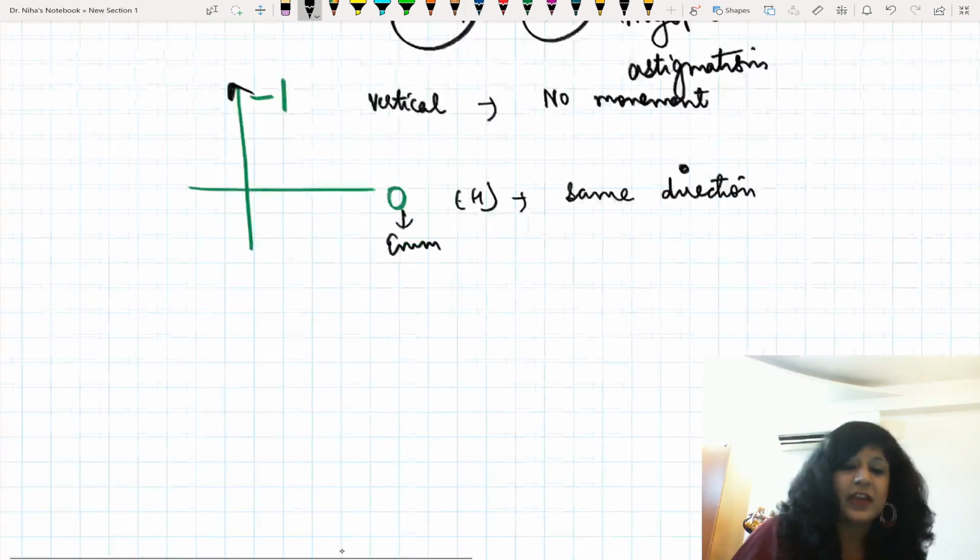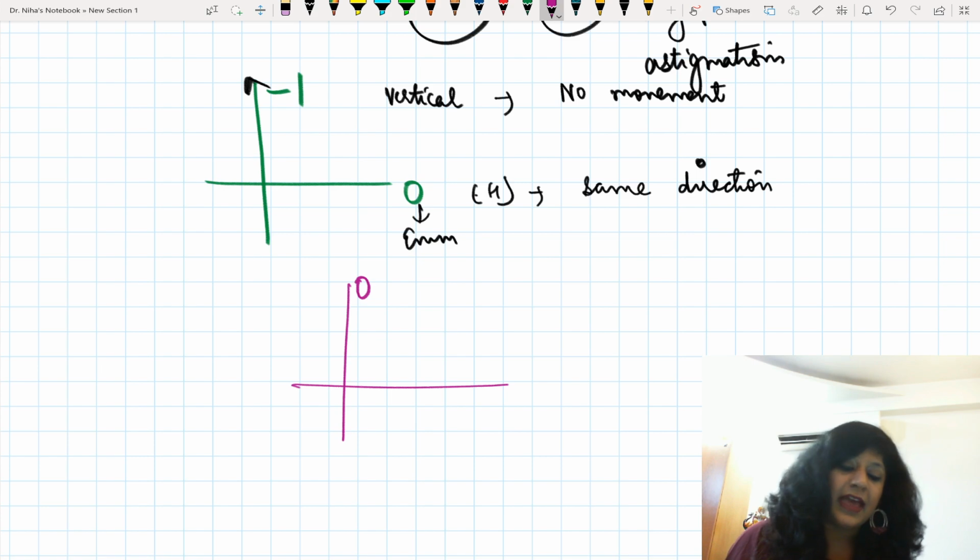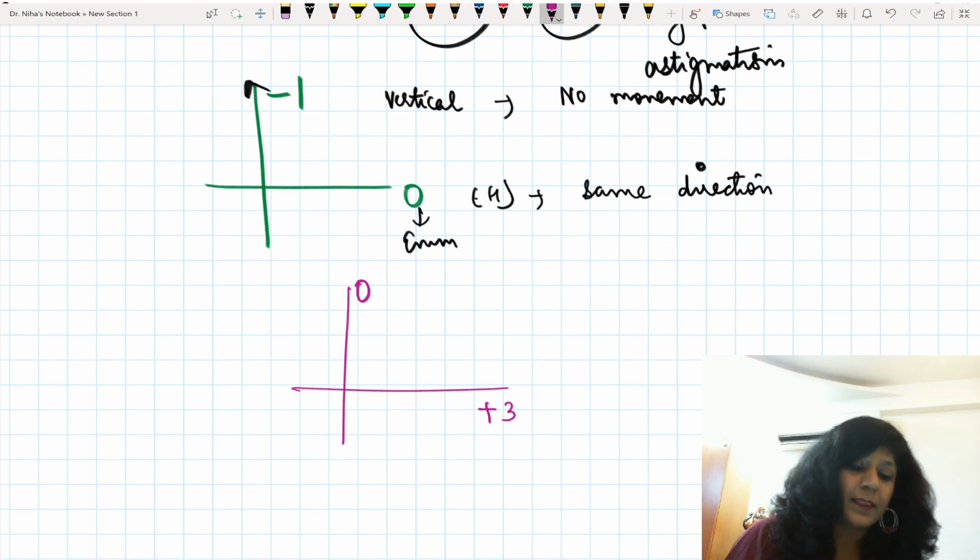Then let us take one more example. Suppose they say here 0 and here we have plus 3, right? And then we have another option where we have 0 here, and here I have minus 3.